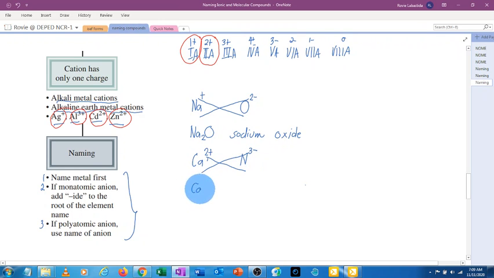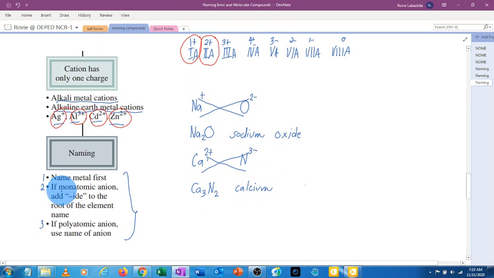So Ca3, there you go. Then we will bring this down as well. So N2. Alright, so the chemical formula is Ca3N2. Now, let's name this compound. Let's name the metal first. That's the first rule. So the name for this is calcium.